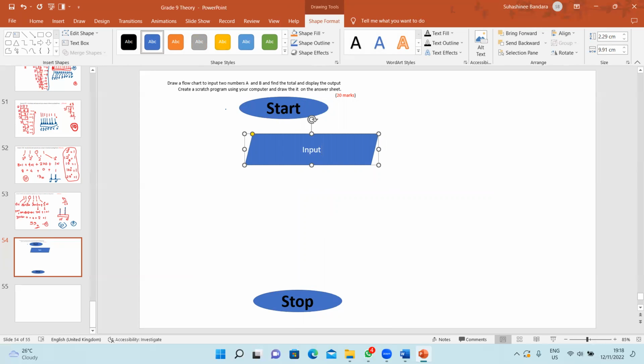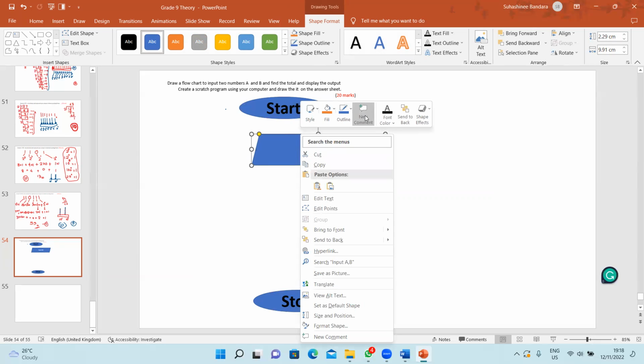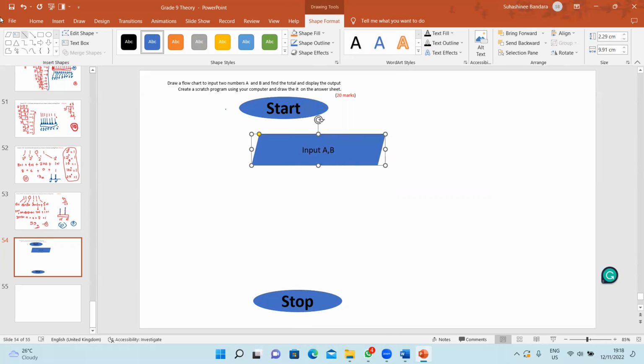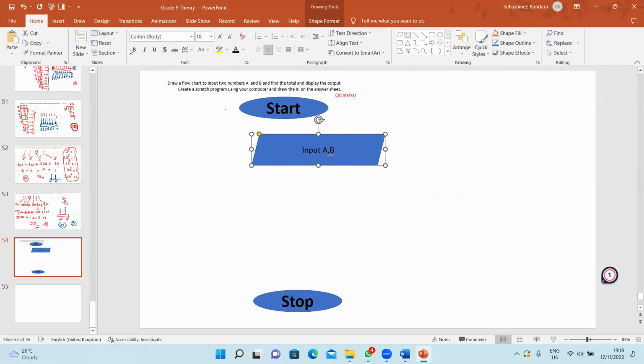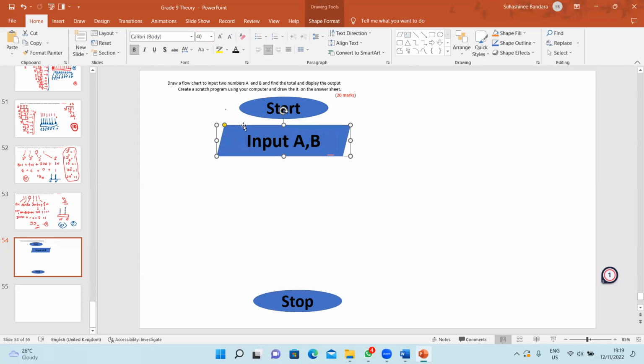What are the values? A, comma, B. We are asking the user to input those values. How to change the font? Font color, I can pick here and go to Home. I'm covering the PowerPoint practicals also from this, not going to do it again. Change the size. And then same thing, I'm copy pasting.